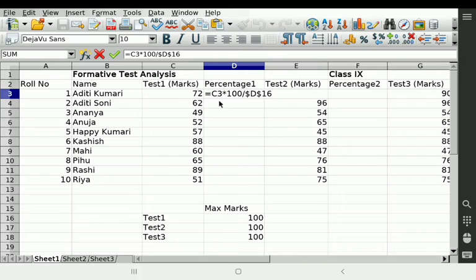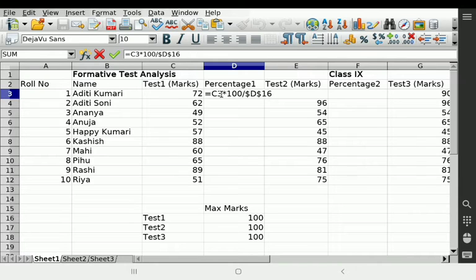Now observe here, C3 is a relative reference. It will change according to the students or according to the different marks. But this maximum marks is the same for all the students and I have used here dollar sign. So for Aditi, for Ananya and so on, the cell reference will be same.